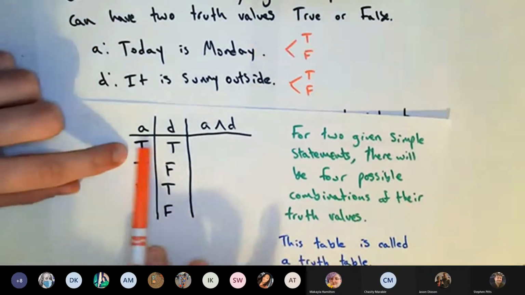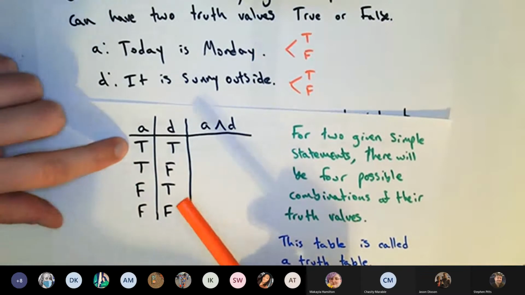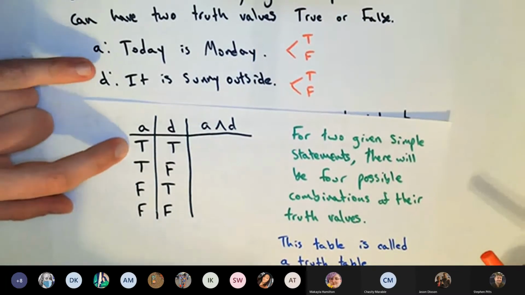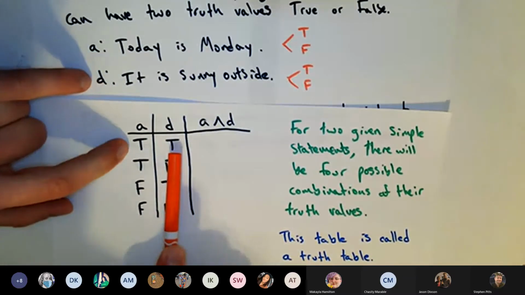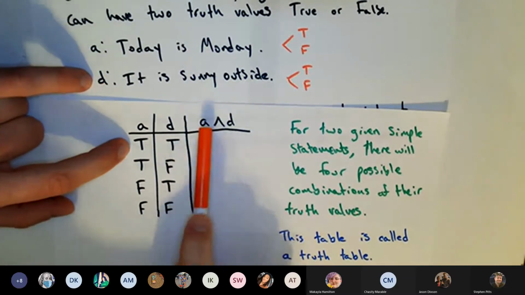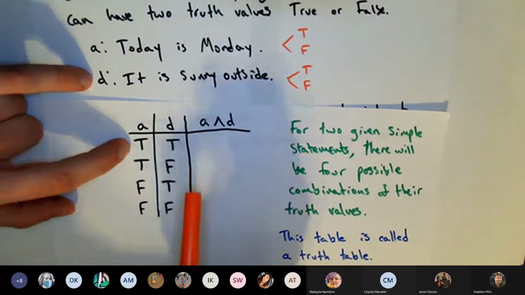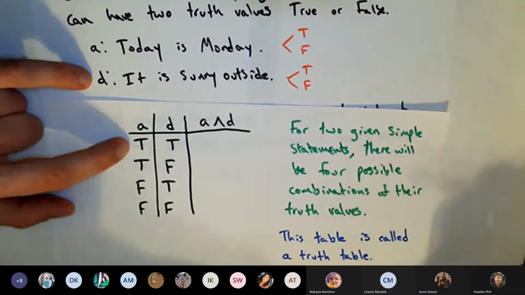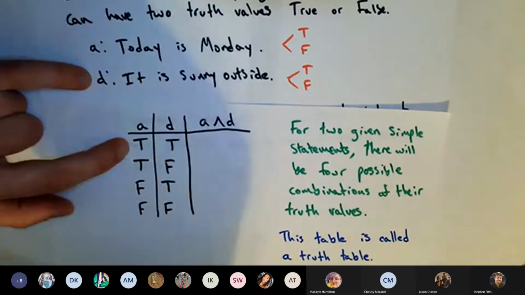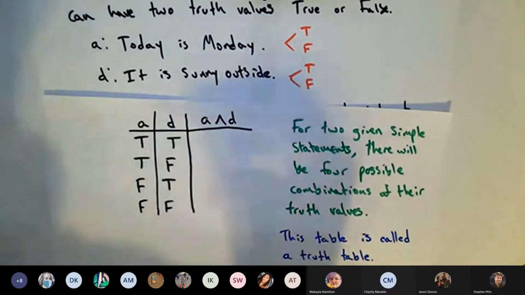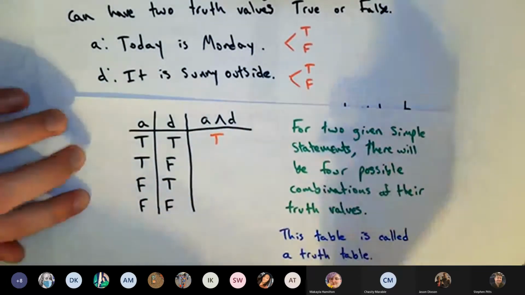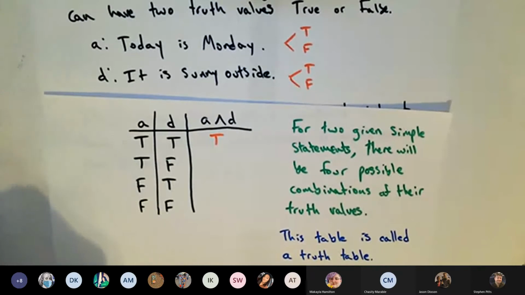This is the little row we're working in: statement A is true, so today is Monday. And let's say that statement D is true as well, so it is sunny outside. So if I say today is Monday and it is sunny outside, have I told the truth? And you would say, well, yeah, of course. How could it be false, right?